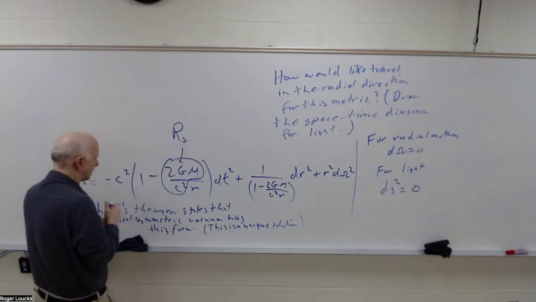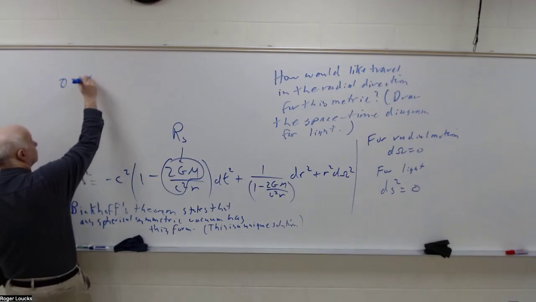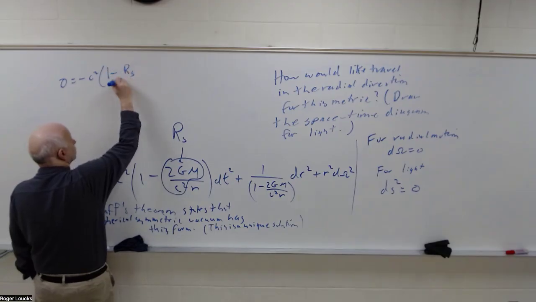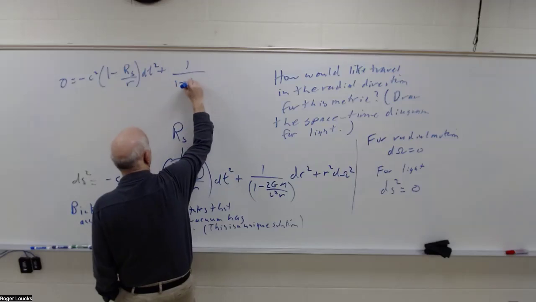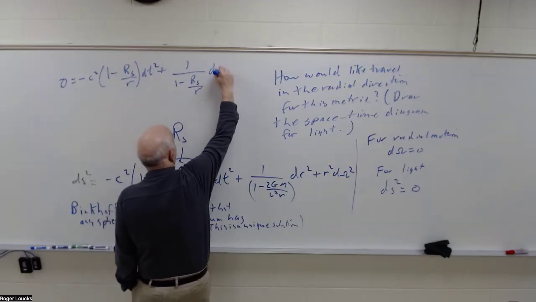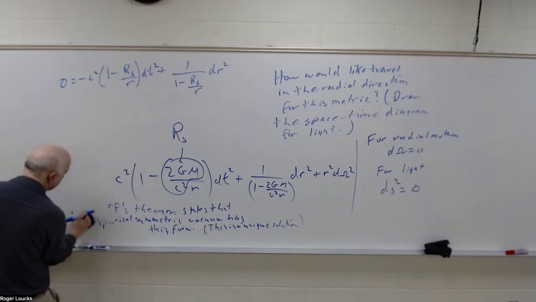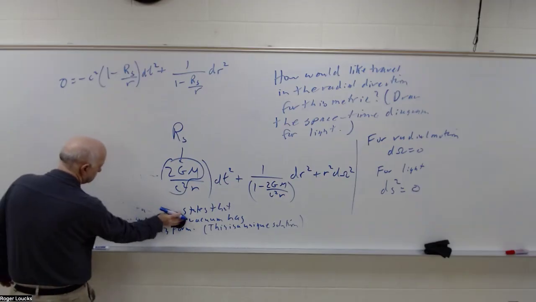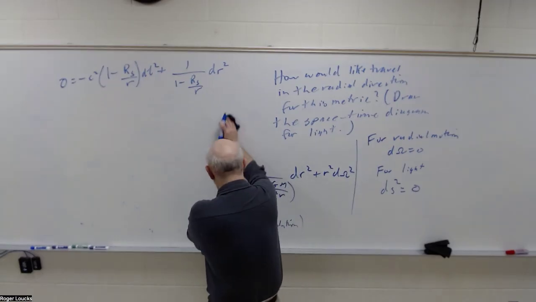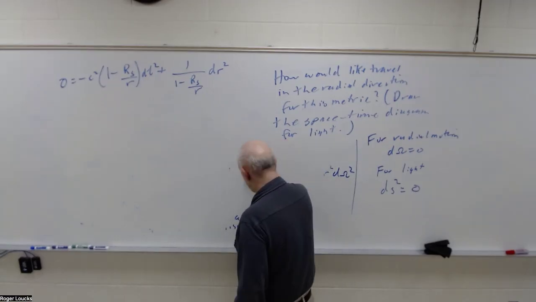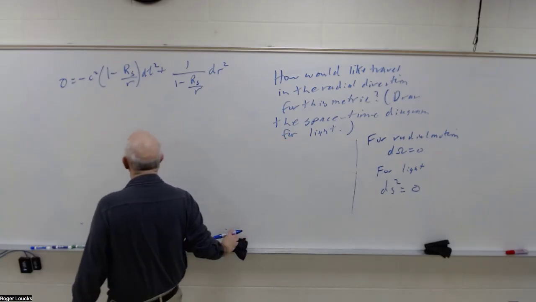So first of all, I'm going to rewrite this in terms of r sub s. So this will give us 0 equals minus c squared, 1 minus r s over r, dt squared, plus 1 over 1 minus r s over r, dr squared, like that. And if I solve this, what does that give me?